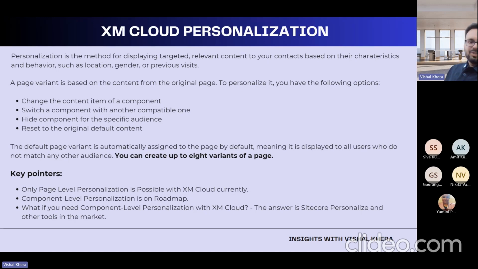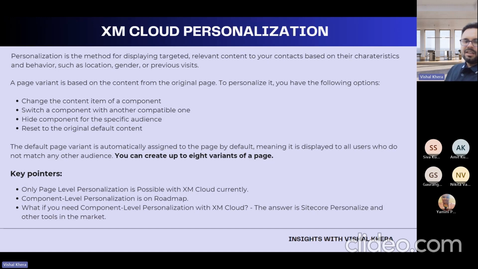As we know about the compatible rendering concept, we can change the component itself with some other compatible rendering as well. We can also hide the component for a specific audience if we don't want to show a component at a particular area. So we can set up that rule: if the condition is this, then hide this component. Those types of adjustments we can do as well.